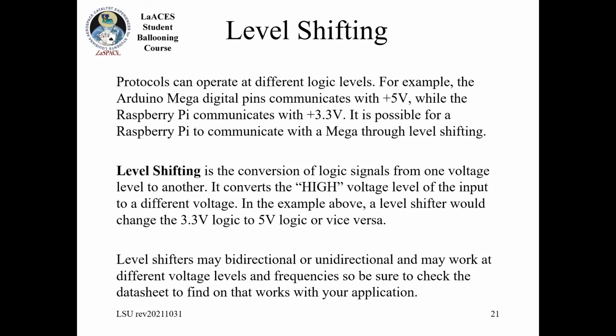And you'll possibly need a bidirectional level shifter or a multi-pin unidirectional level shifter. It's going to depend on which of these protocols you are using. Some level shifters will only go one way or the other. Some will be bidirectional, just like the data lines. But all it does is convert the high level on one side to the high level on the other side.